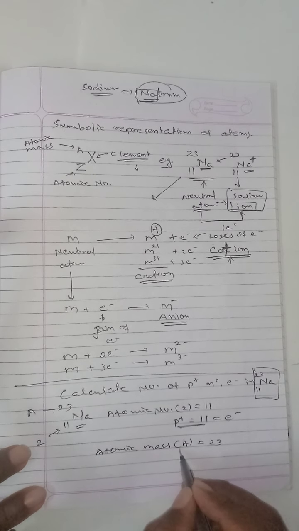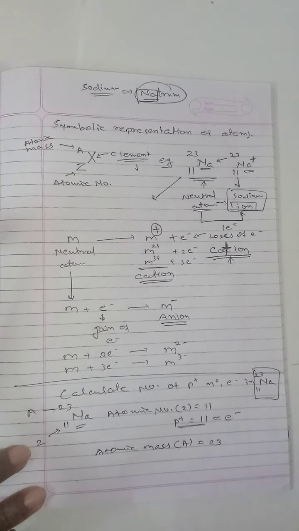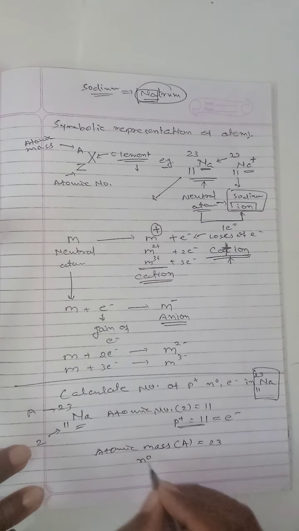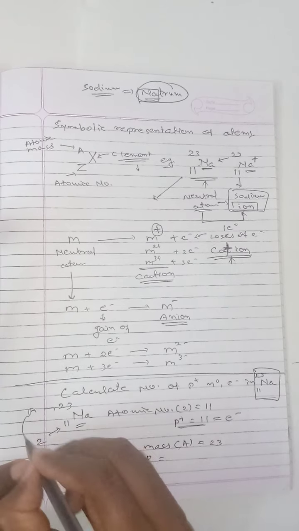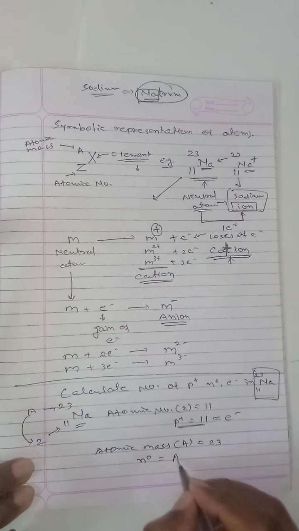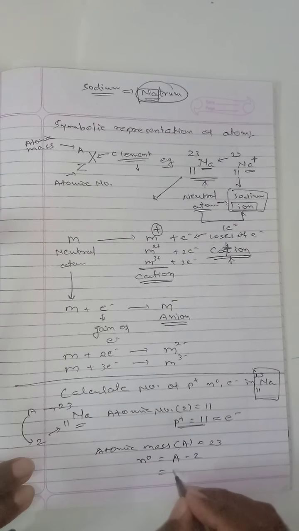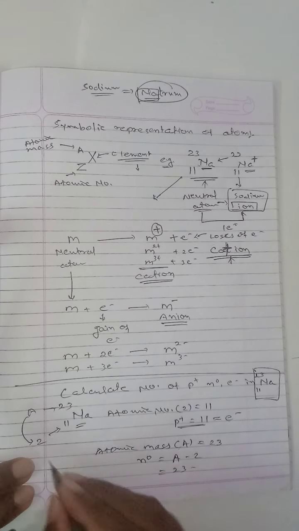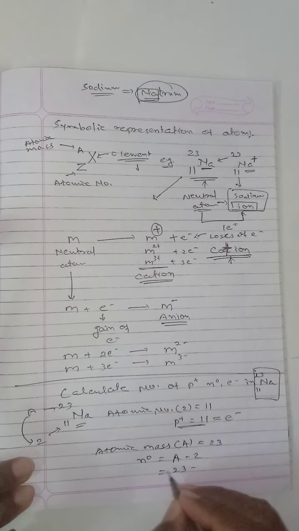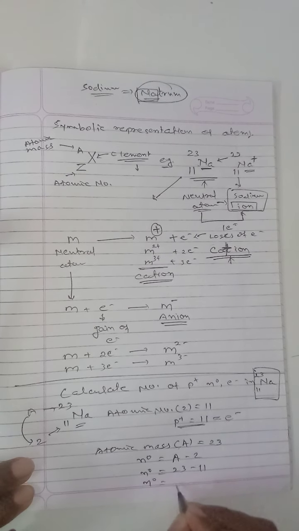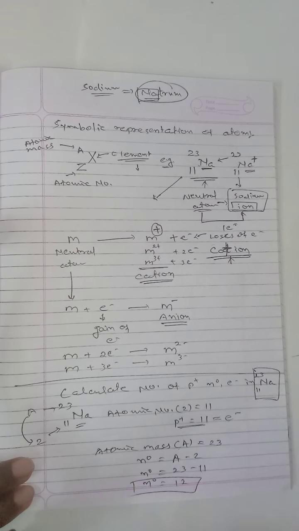Now atomic mass is 23. The number of neutrons is equal to A minus Z. A is the atomic mass, Z is the atomic number, 11, so it is 12.